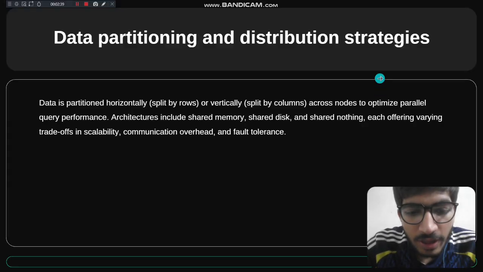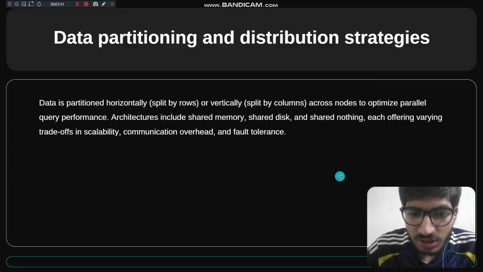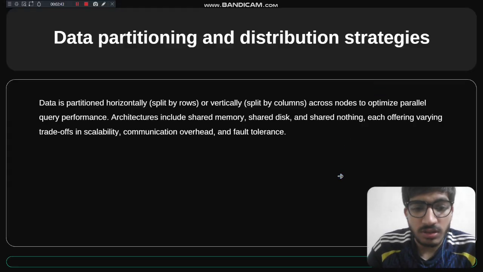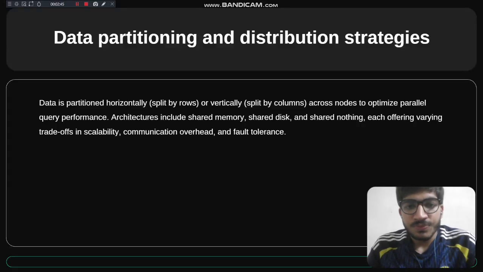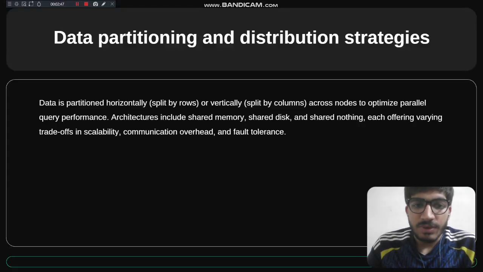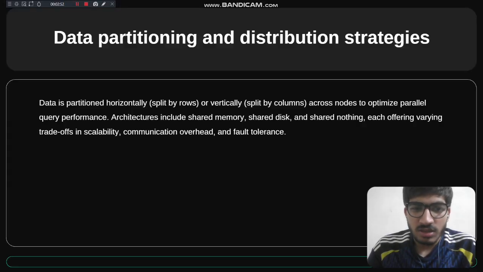Now, parallel databases use multiple processors to store and process data at the same time. To make this possible, the data must be divided into smaller parts. This process is called data partitioning.